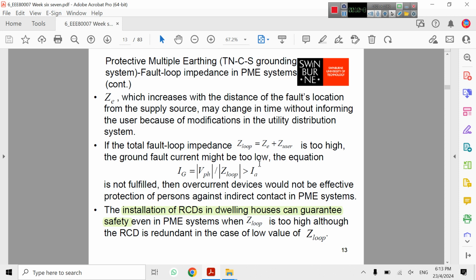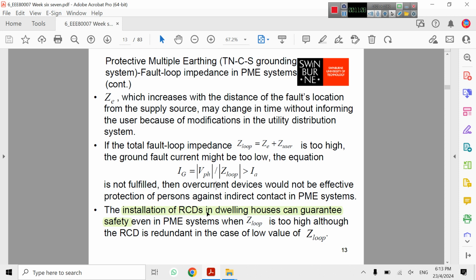If this value cannot be fulfilled, then the overcurrent device would not effectively protect the person against indirect contact. So that one should not be too low. Otherwise, the protective device, which is the MCB here, considers the case as an overload.